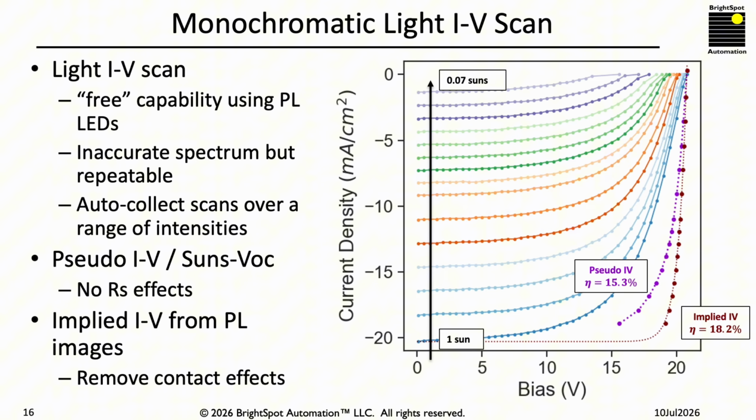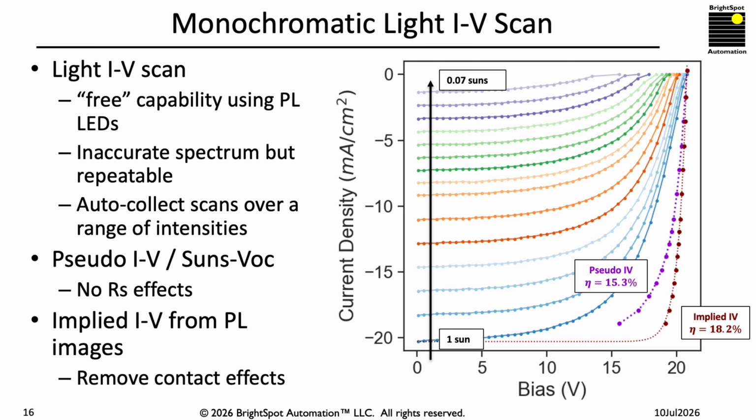And our software can auto-collect scans over a wide range of intensities, and we can also compare those scans to 2 other curves. One, the pseudo-IV or SUNS VOC curve, is absent any series resistance effects. And then another curve, the implied IV curve, is extracted from the photoluminescence images we collect at each irradiance level.